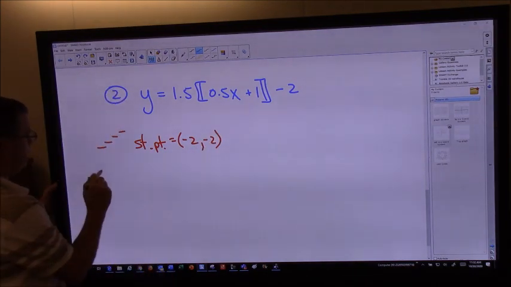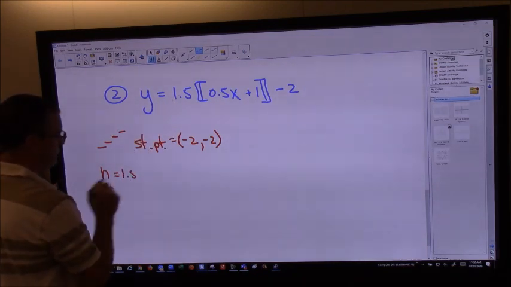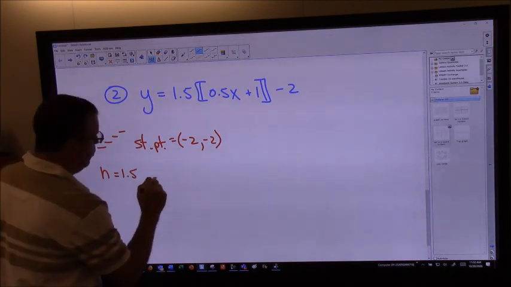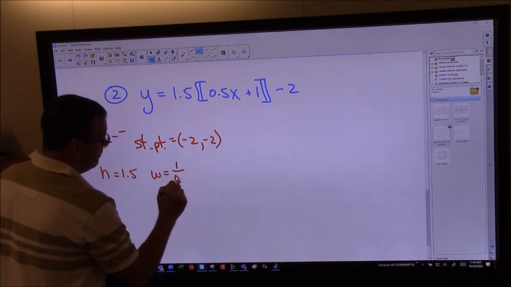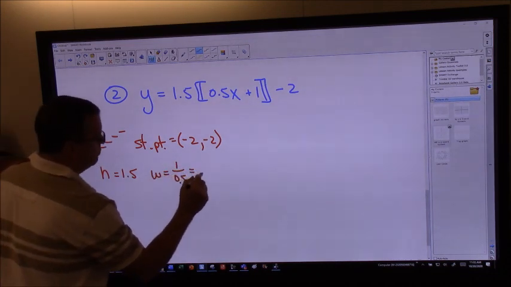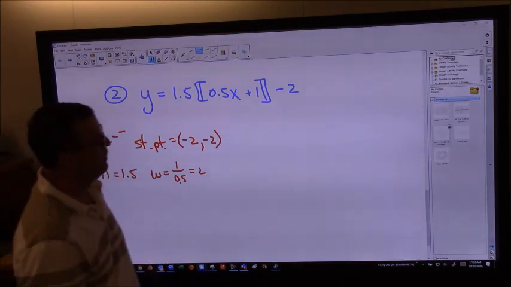Okay, and my height for these steps is going to be 1.5 units. We can handle that, that's not bad. And our width is going to be 1 divided by b, which 1 divided by 0.5 is still 2. So I've got a width of 2 and a height of 1.5 units.